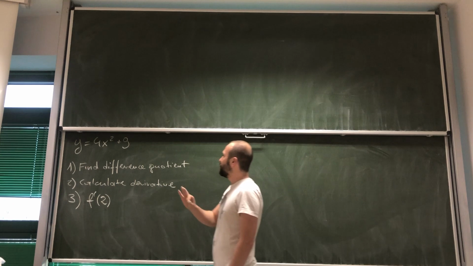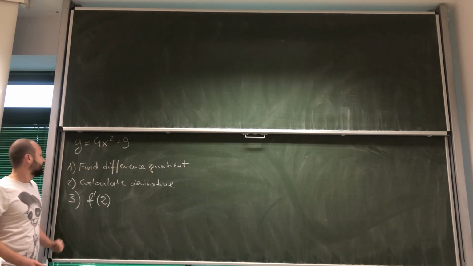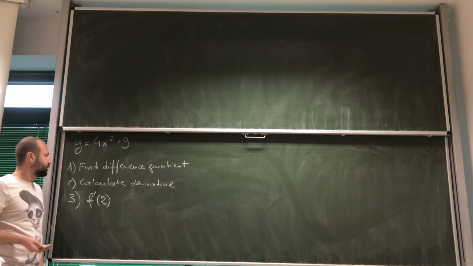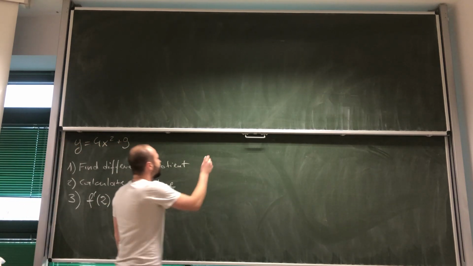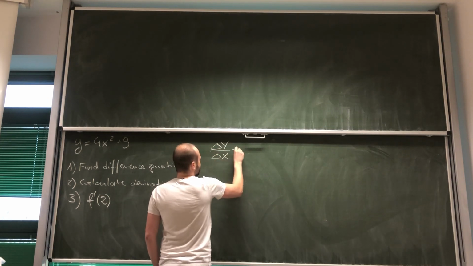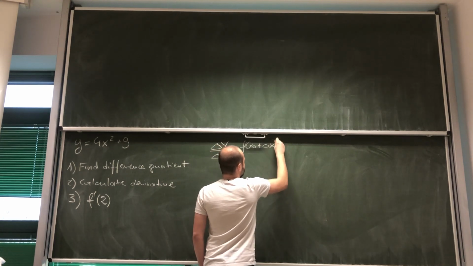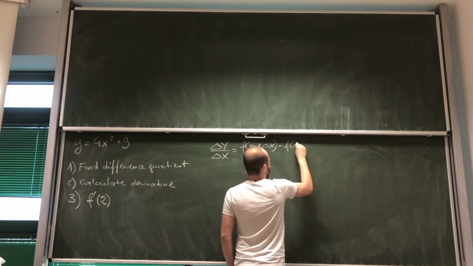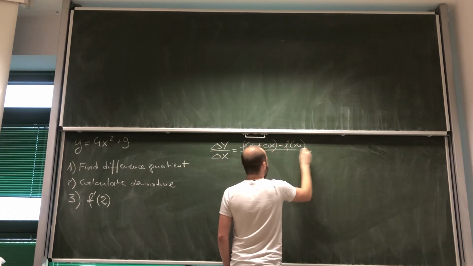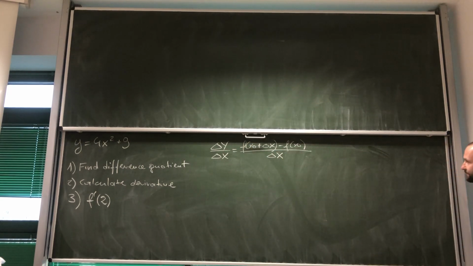So look, first we need to find the expression for a difference quotient of this function. Difference quotient is given by delta y over delta x, or f of x0 plus delta x minus f of x0 over delta x.